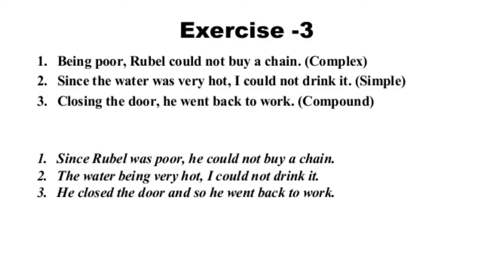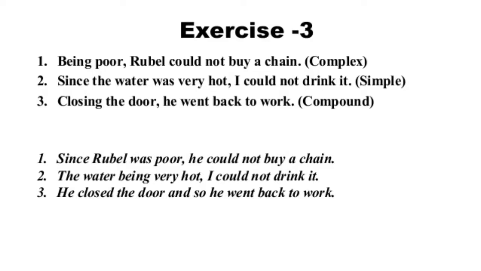So you have to change into simple. How to change into simple? The simple sentence key is verb plus ing form. So how to change it? The water being very hot, I could not drink it. Or: Being the water very hot, I could not drink it.